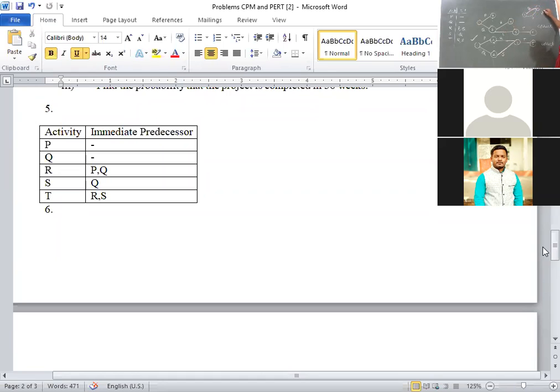Node 3 relates to 4. 4 should not relate to 3. In a network diagram, this is called looping, right? What is the basic rule I told? Two activities cannot start and cannot end at the same node.